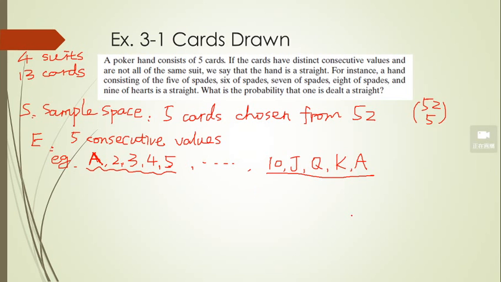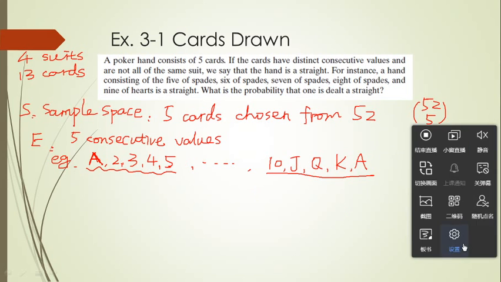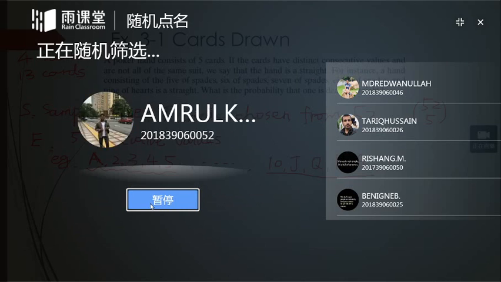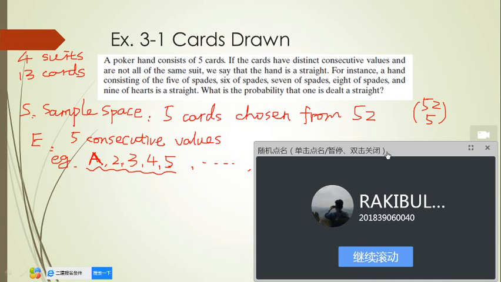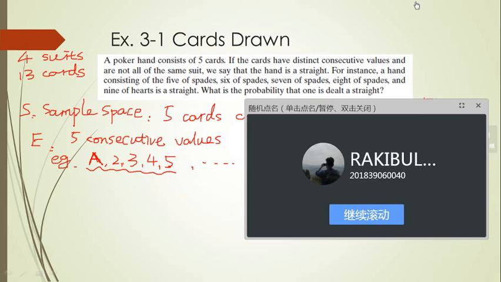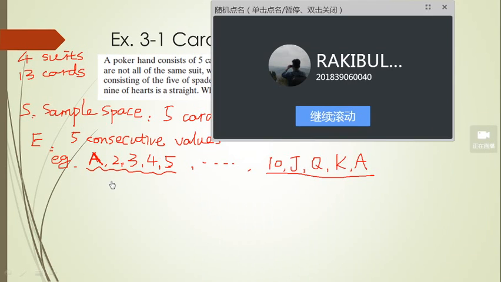How many? Let's call someone to answer. Rakib? So how many different sequences are we going to have? If we put the first number in increasing order, how many different consecutive sequences, or how many straights, can we have?